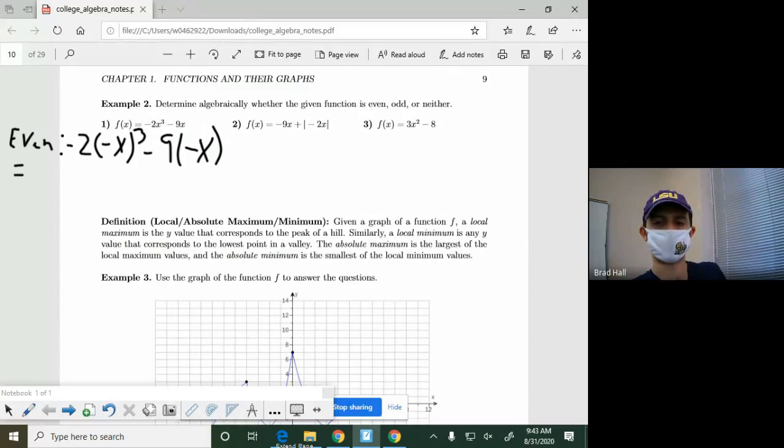So the question is, for that -2 times negative x to the third, what happens to the negative on the x? Does it go away? It does stay, because a negative value raised to the third power, you can think about it as -1 times -1 times -1, which is -1. So that negative sign next to the x stays.